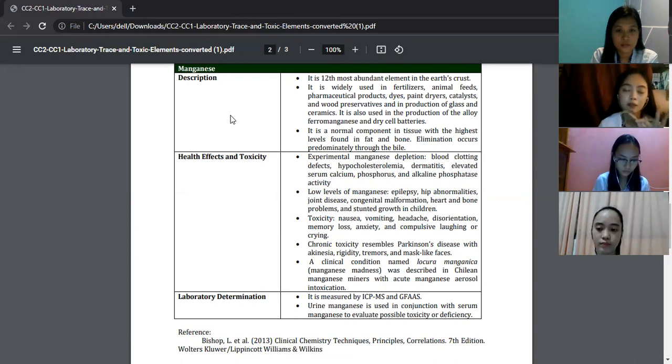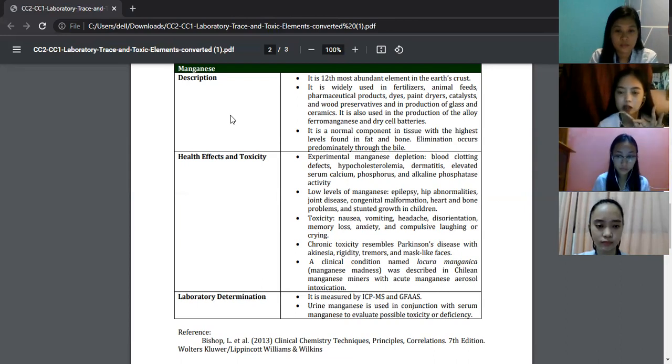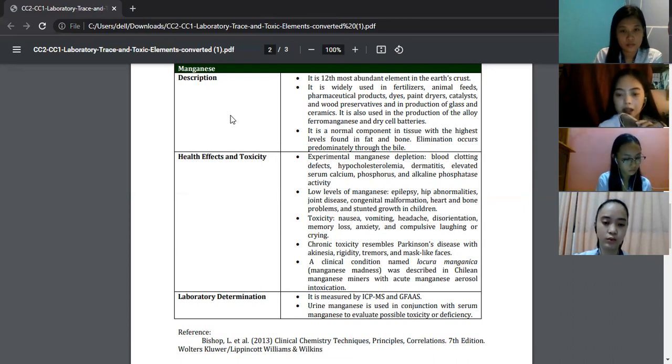Leukorrhea manganica is a reversible neuropsychiatric syndrome, and a manganese madness was described in Chilean manganese miners with acute manganese aerosol intoxication.